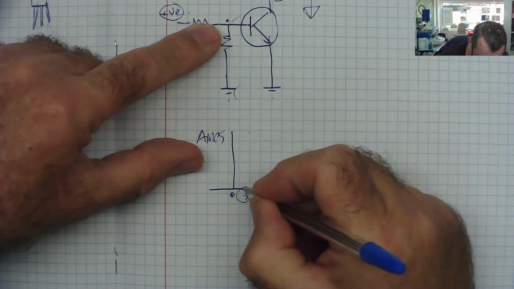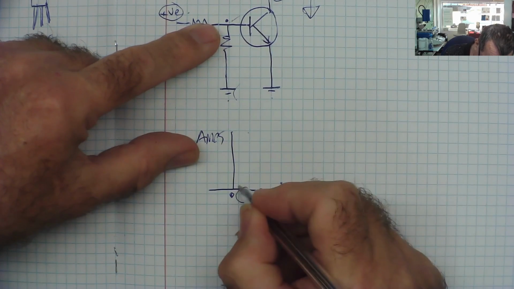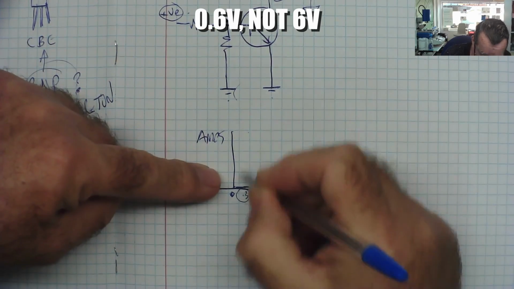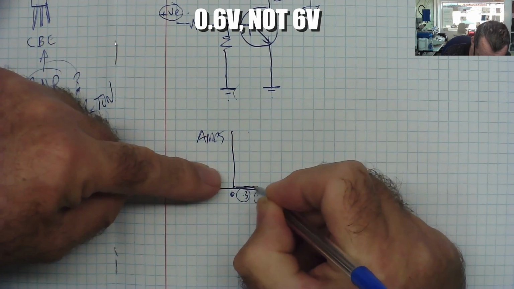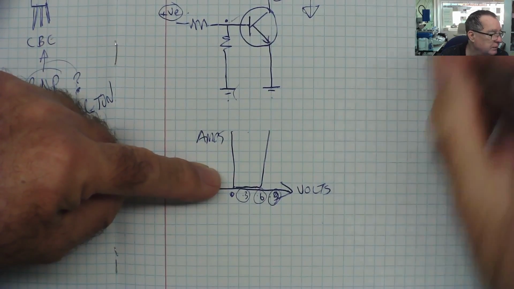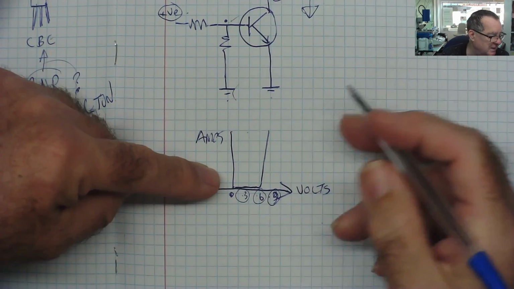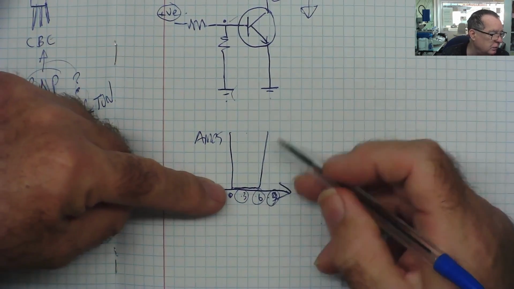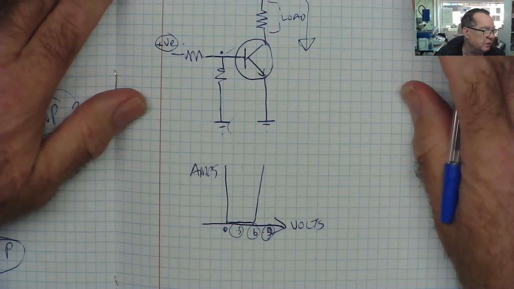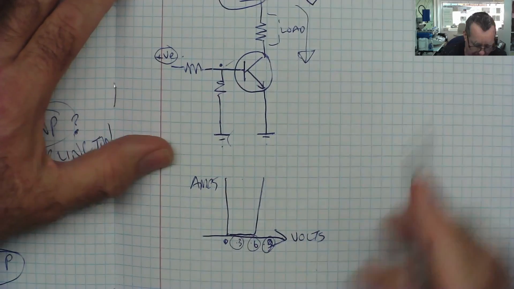Okay, until the base voltage reaches about 0.6, nothing will happen. Basically, no current will flow. At the point it reaches 0.6, the current goes up very rapidly. So by the time it's gone from 0.6 to 0.7, it's probably gone from not conducting at all to its maximum conductance. It's now switched on, and it cannot switch on any more.